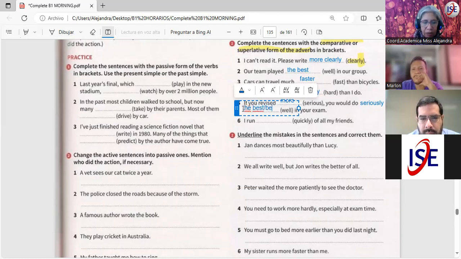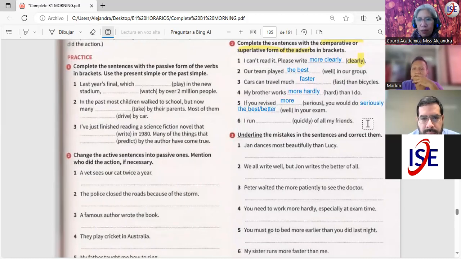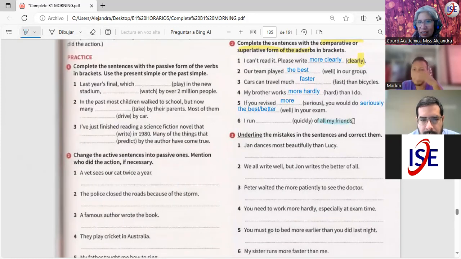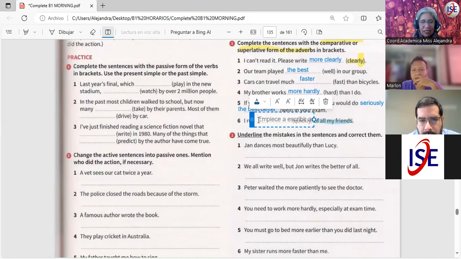Or even we can use better too. But I would use the best. It makes more sense. I ran quickly of all my friends. Superlative. More quickly. Of all my friends, yes. So it is a superlative. Most. The most quickly of all my friends.